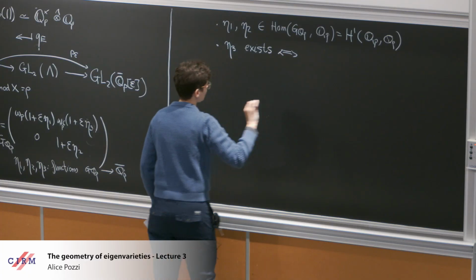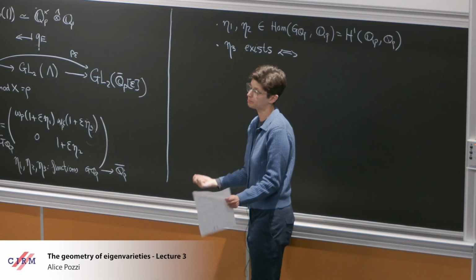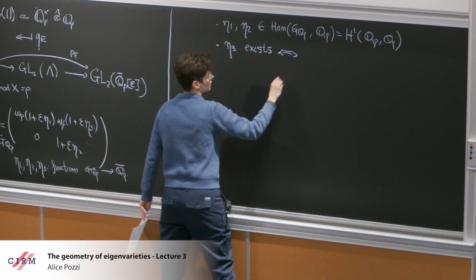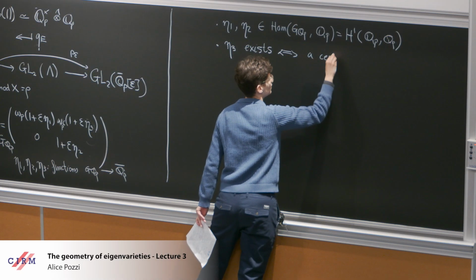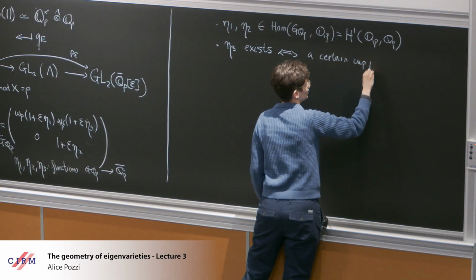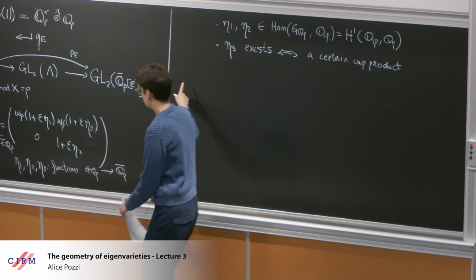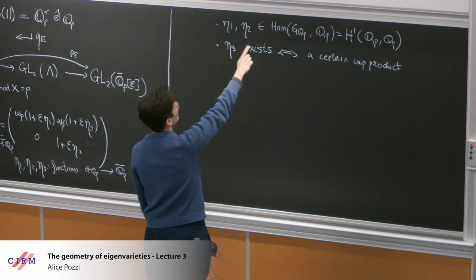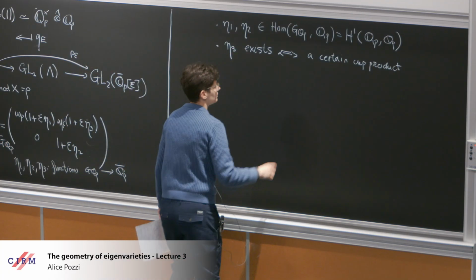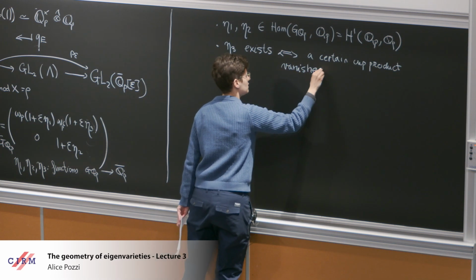that I'm not going to write super explicitly, but it corresponds to saying that a certain cup product vanishes in cohomology. A certain cup product involving the class of C and the two classes in here vanishes.